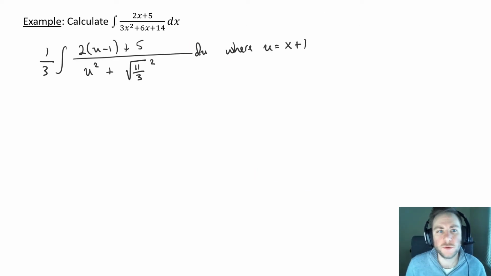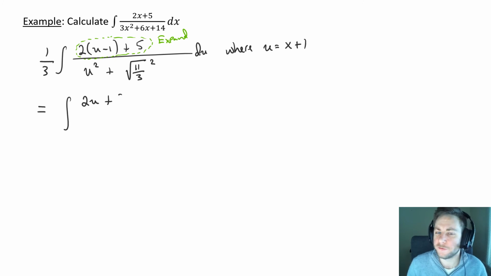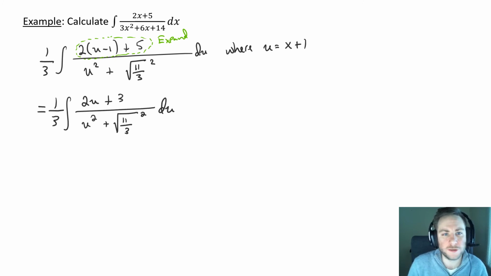Here I've just summarized what we know so far, and we may as well do some cleanup in our numerator here by collecting like terms as well. So pause and check that expanding and simplifying gives us 2u plus 3 on the top. And after working through so many details, don't forget what path you were on in the first place. So everything we've done so far had the sole purpose of giving us a sum of squares.